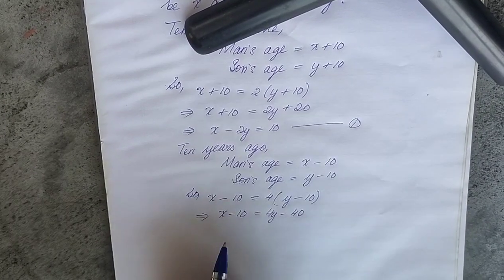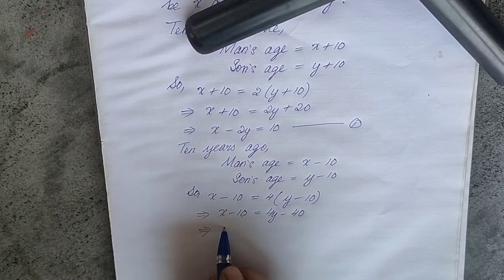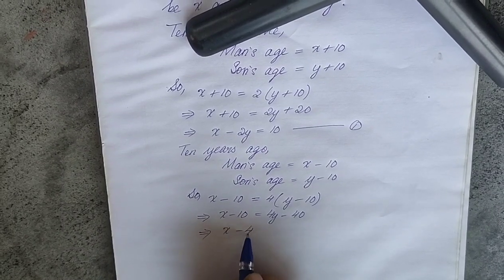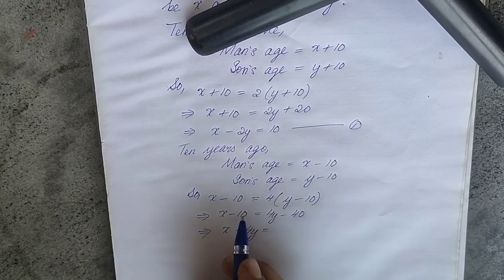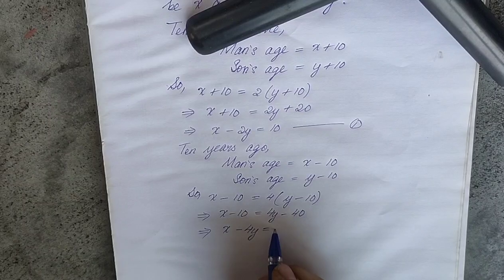So x minus 4y is equal to minus 40 plus 10, that is minus 30. This is equation 2.